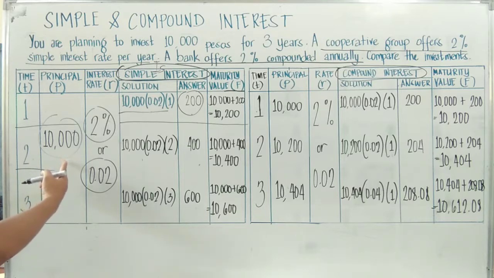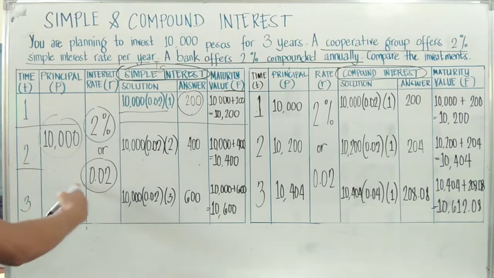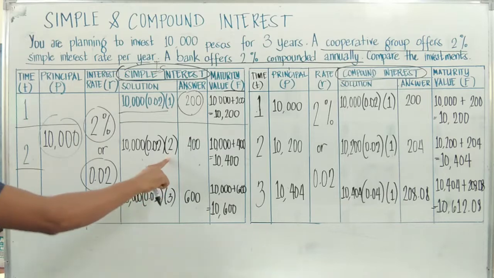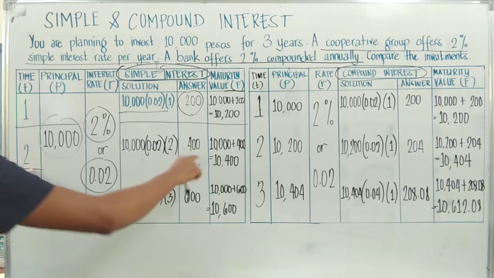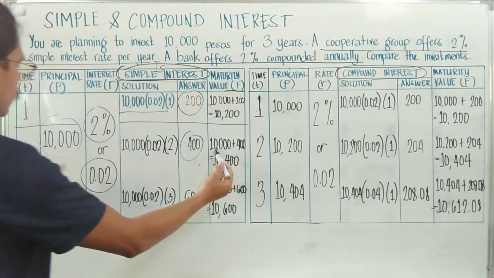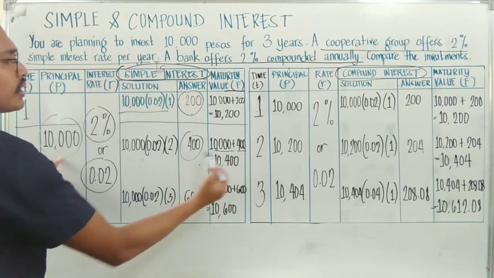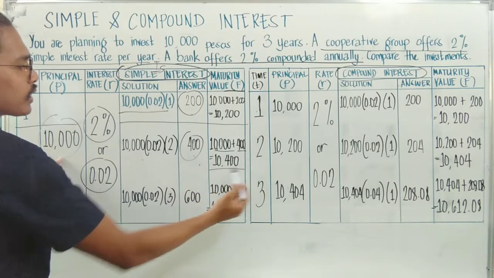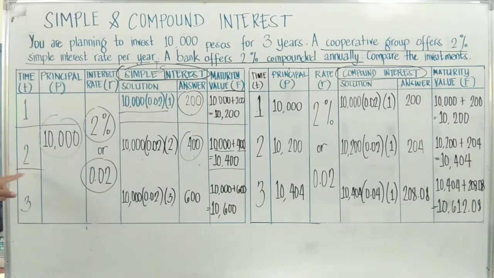Again, the money invested is 10,000 times the interest rate, which is 0.02 or 2%, times the time, which is 2 years, and that will be equal to 400. So we add 10,000, your principal, to the interest, which is 400, and that becomes 10,400 after 2 years.